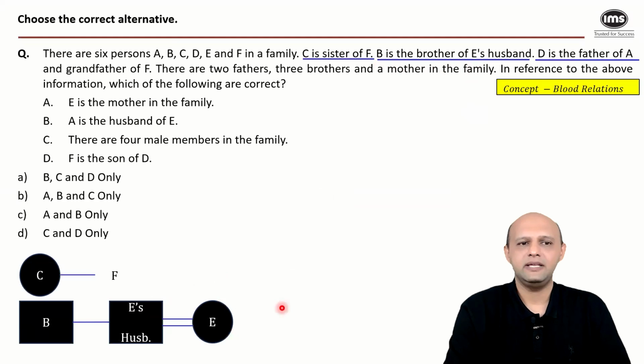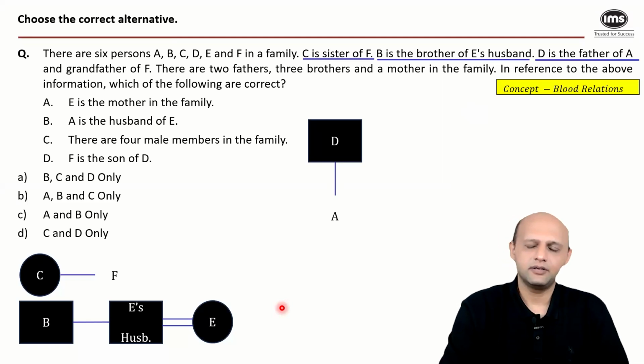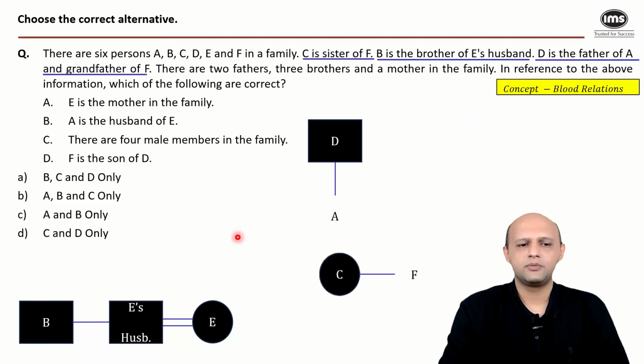D is the father of A and the grandfather of F. So basically, that is establishing 3 levels of a family, a 3 generational family tree. Therefore, you could very well pull this from here to here now. So these form the 3 generations.